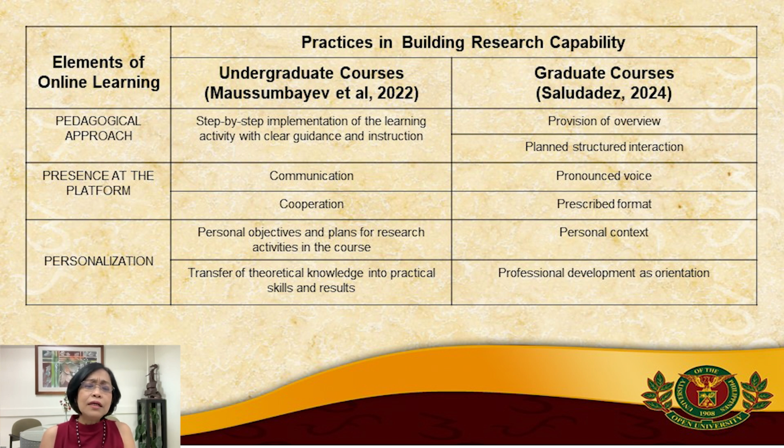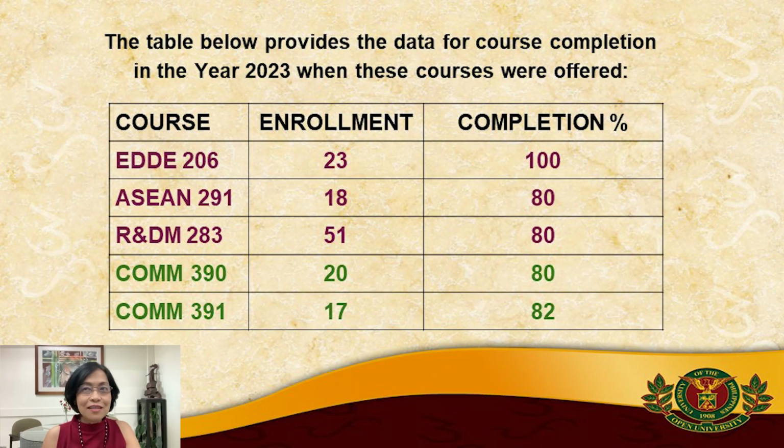So you may be asking, what must have happened to my courses? I am very pleased to say that in the slide that you are seeing, there's a 100% if we use the completion of the course as a gauge of whether they have developed the research capability, because always they have to submit a mini study.